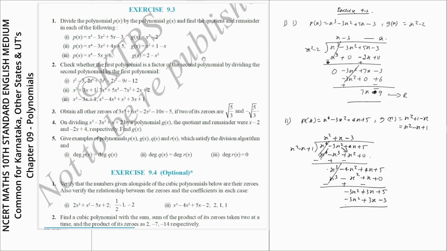Now change the sign. Minus becomes plus, plus becomes minus, minus becomes plus. These two will get cancelled, and here also these two are getting cancelled. I'll get 5 plus 3, which is plus 8. So now that completes the division. This is the remainder and this is the quotient.